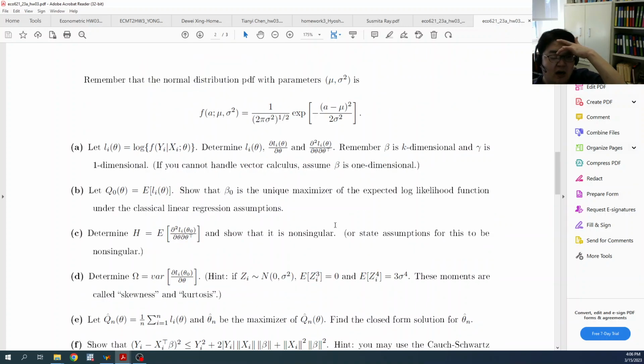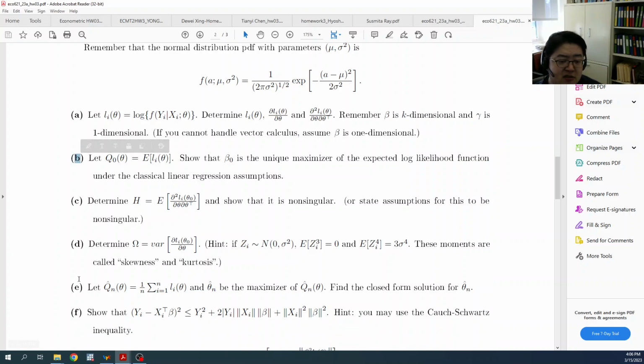By the way, in part B and in part E, you are doing pretty much the same thing, but intentionally I made two different questions because I want you to see the difference between population maximization, which is an identification. It's a purely theoretical argument.